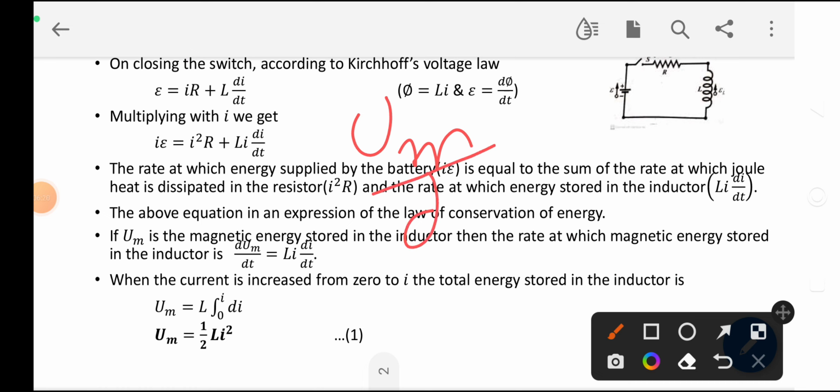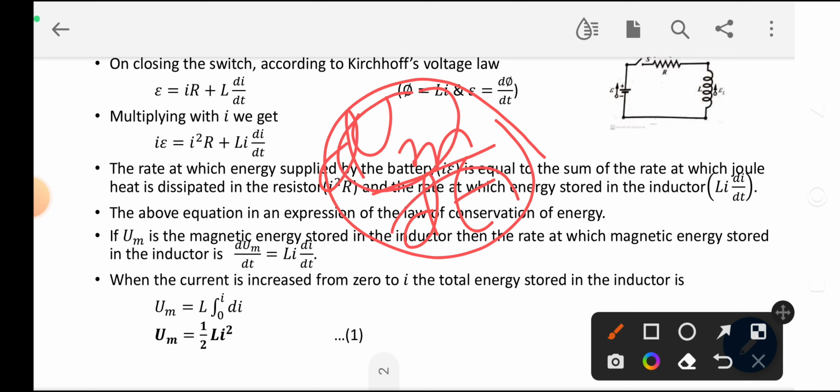If you divide with dt, d by dt gives the rate of magnetic energy. So that means this magnetic energy depends upon the time. Why is it depending upon the time? So that means this magnetic energy is equal to this energy, right?